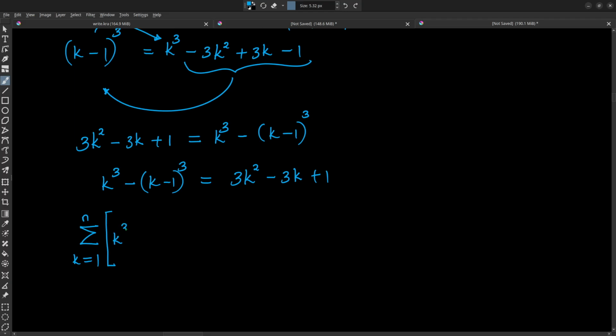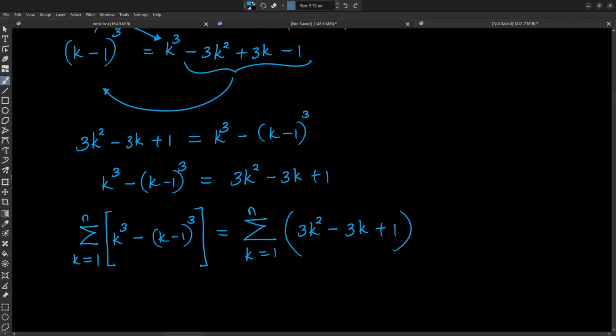So the left side is k cubed minus (k minus 1) cubed. This is equal to, then on this other side, we also introduce the summation, and it's the same summation. So k equals 1 all the way to n of 3k squared minus 3k plus 1.